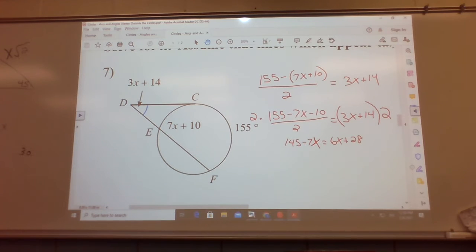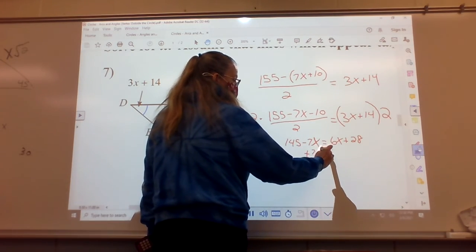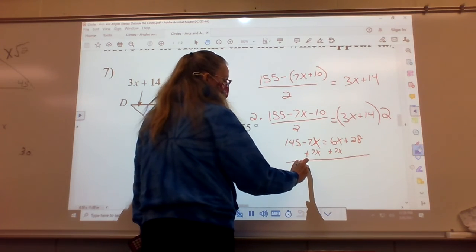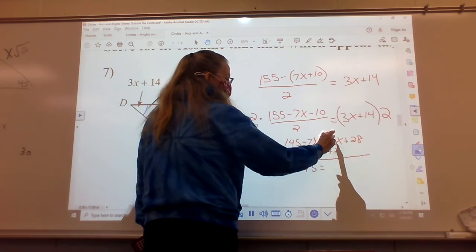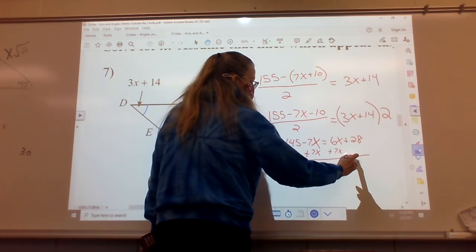Well, now it looks like an equation that isn't in too bad of shape. I moved the 7x just to get rid of that negative, so add 7x. 145 equals 6 plus 7 is 13x plus 28.